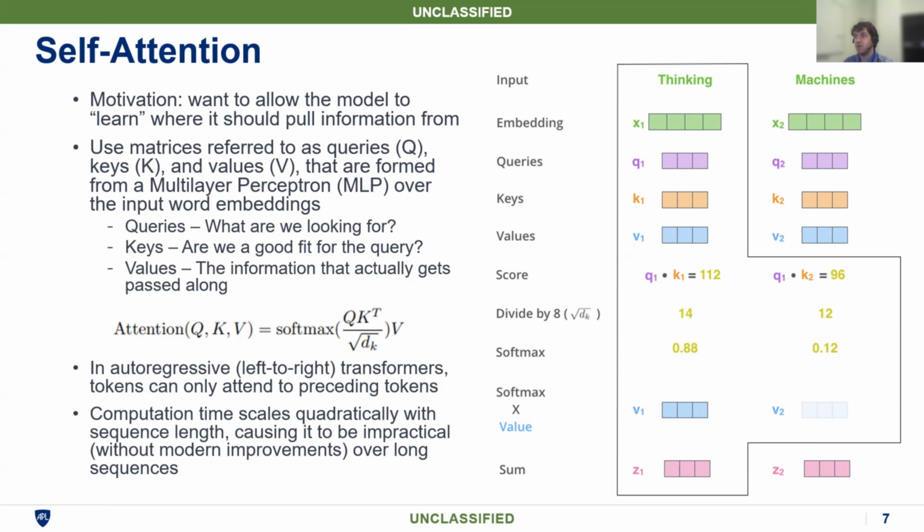So in this example, when we generate the information transmitted by the thinking layer of the transformer, it is looking about 88% at the information propagated by thinking and 12% at the information propagated by machines.